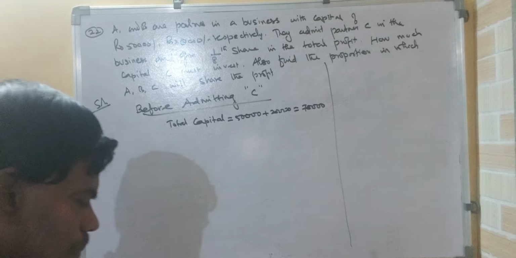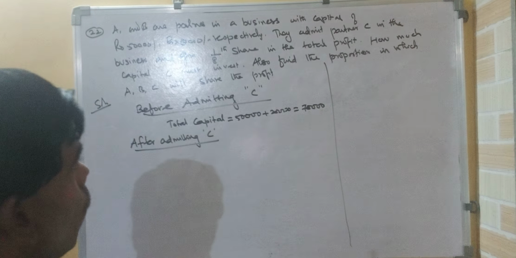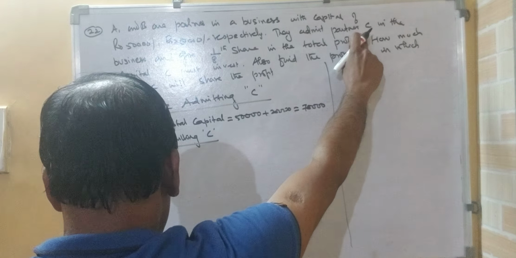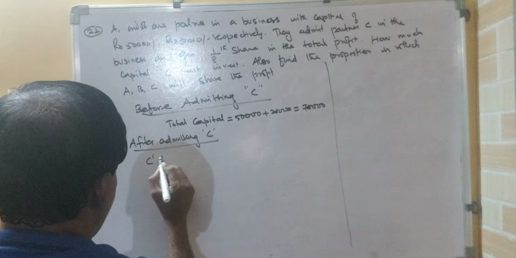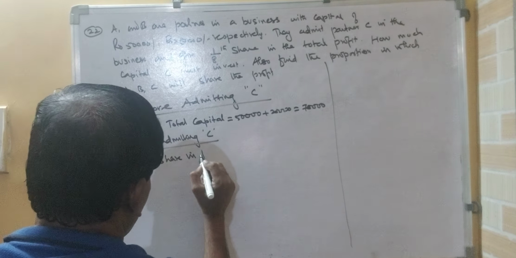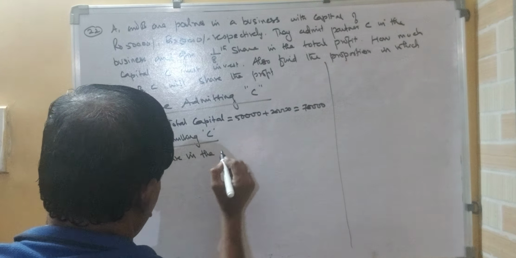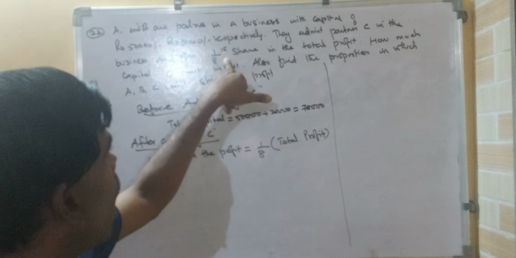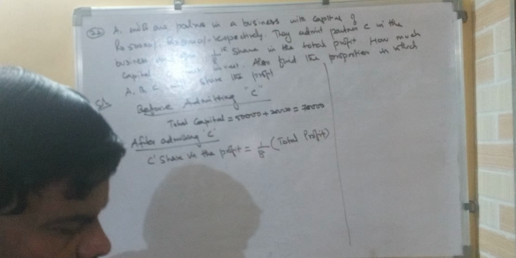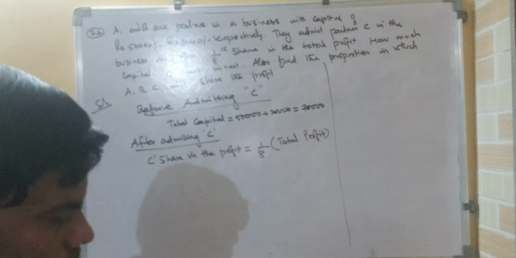Okay. Now after admitting C, now see what is the profit share for C. See, C share in the profit equal to 1/8 of total profit. What is given? C's profit is 1/8 of the total profit. Okay.